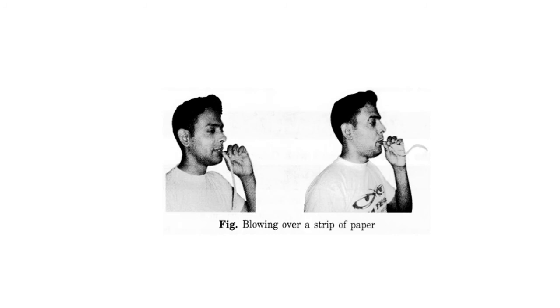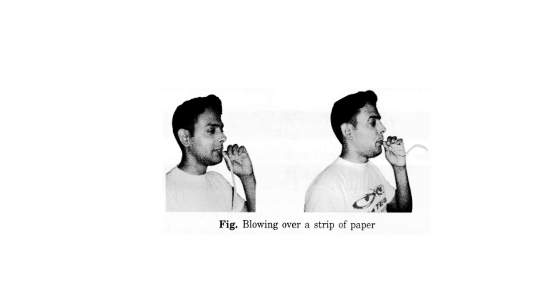Now you have to blow over the paper. What do you think? Will the paper be lifted up or will it bend down? So, instead of lifting up to an extent, the paper is bent down.